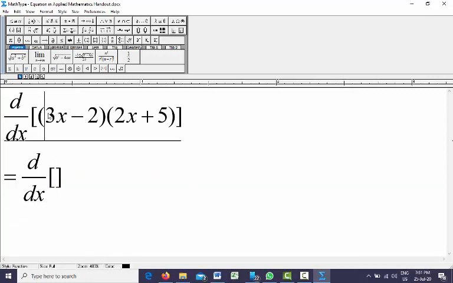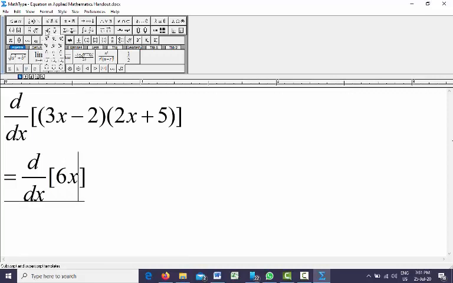First of all, we will multiply 3x with this 2x plus 5. If we do that, we will get 6x square.